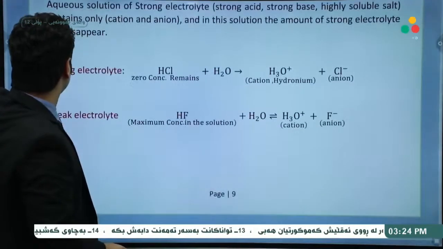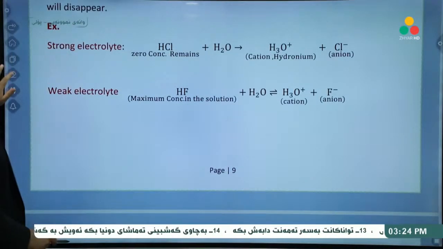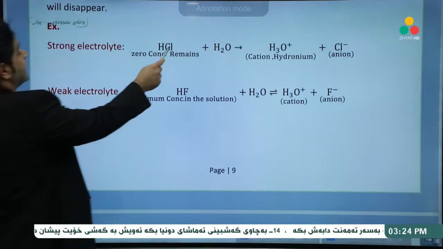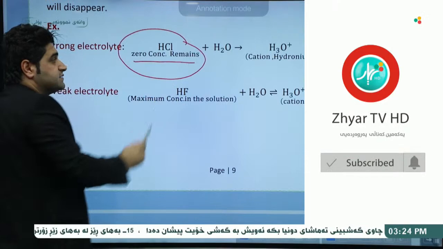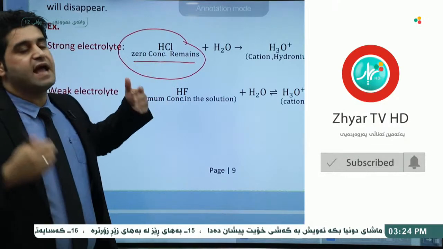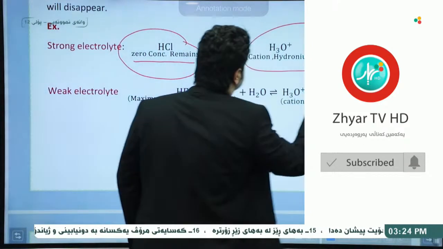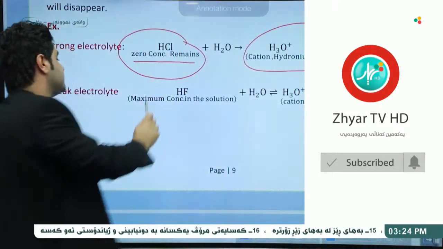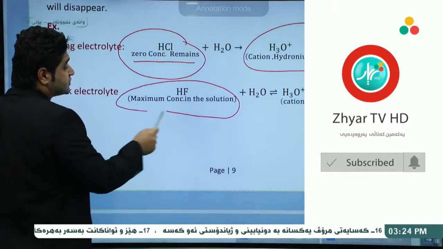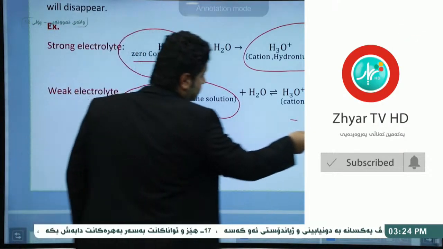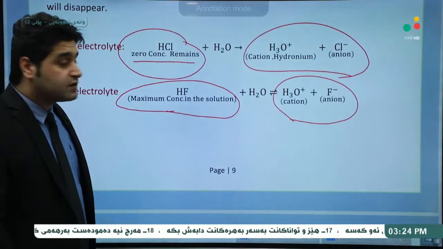Good. Now, look, we have HCl. HCl is a strong electrolyte, so zero concentration remains because it completely ionizes to form its ions. So we have maximum concentration of ions here. But for HF, we have maximum concentration for HF and minimum concentration for the ions. Look, the electric conductance depends on the number of the ions.